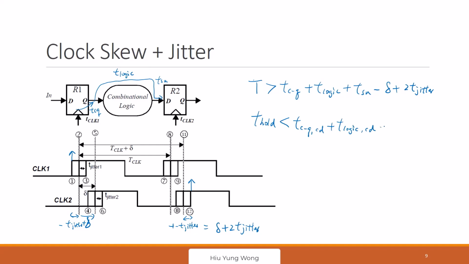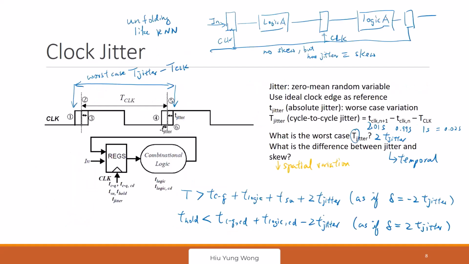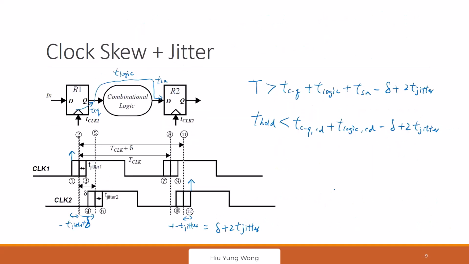And then if you have the skew, it's still negative. Look at the sign. They should have the same sign, right? Negative makes this one better. Negative makes this one worse. But they have the same 2 T jitter because as we said earlier, they are the worst case.